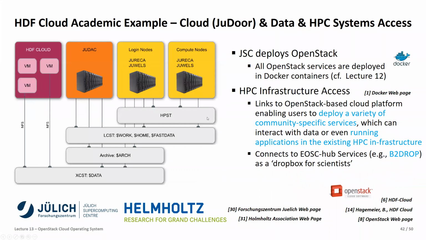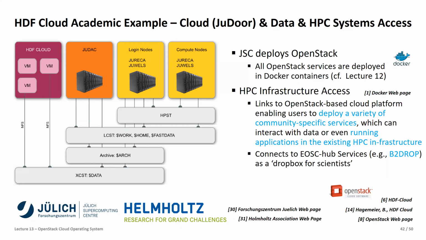HPC mount means you can now go from a HDF cloud, which is not really a supercomputer, not really a big cluster. We talked about more VMs, but via the data, you have a direct link to the big machines here, JUDAC, basically the login nodes of different large supercomputers via the file systems here, and certain NFS mounts, which we will allude to much more in the high performance course, which is a bit complementary and focuses much more on the technicalities.